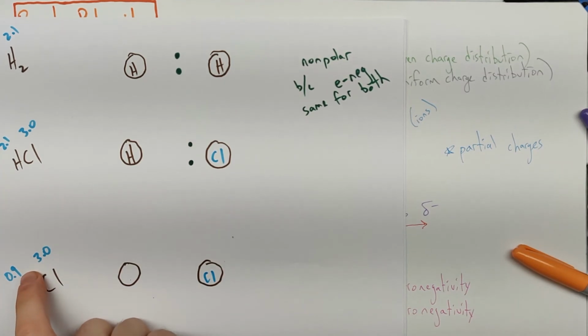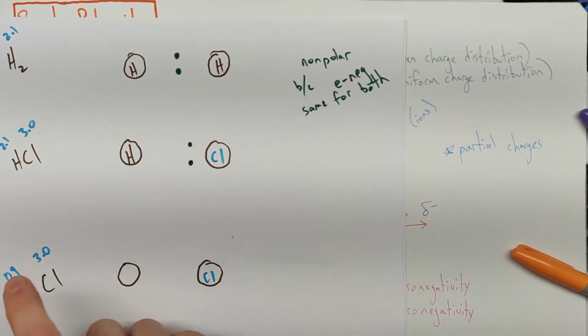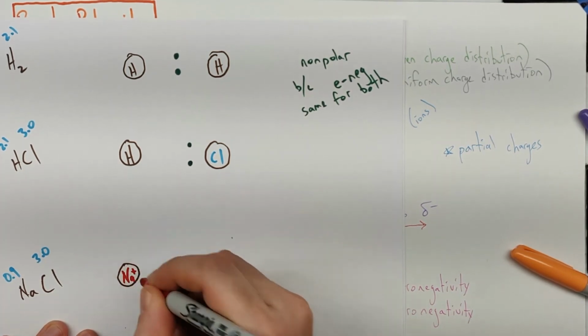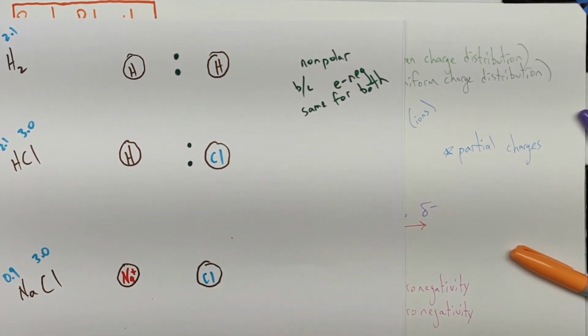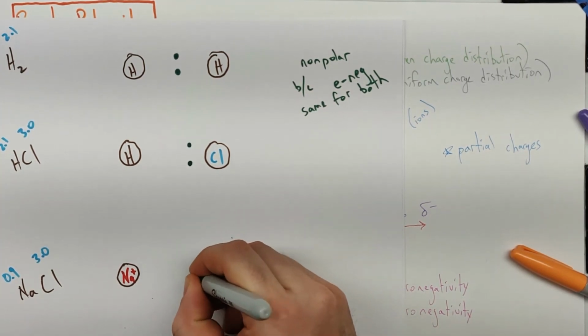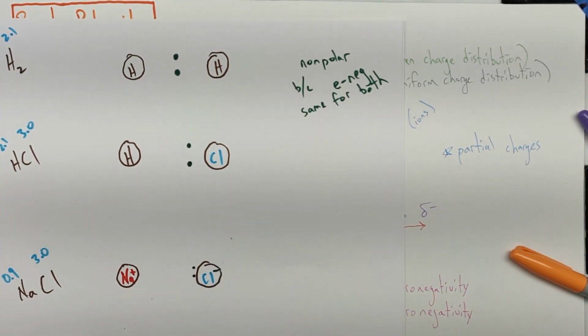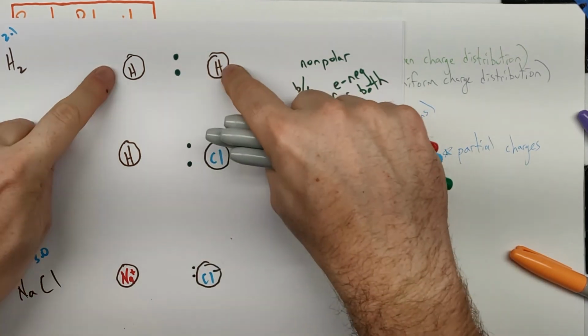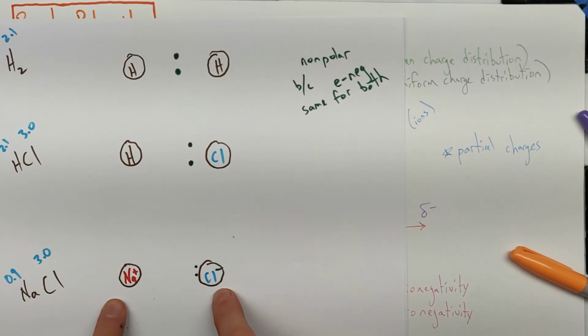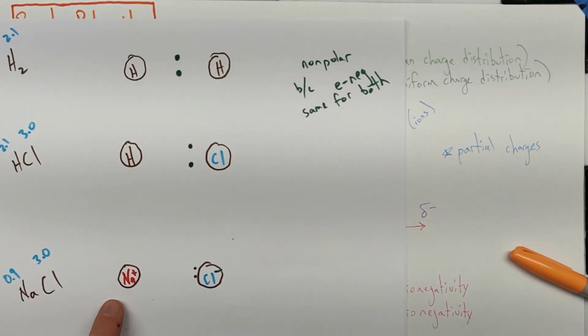With a difference of 0.9 and 3.0, we end up with a situation where there is a give and take, where sodium ends up a plus, and then chlorine ends up a minus because it got both of those electrons, and that sodium lost one. So equal sharing, nonpolar, unequal sharing, polar covalent, and then no sharing at all, give and take, that is ionic.